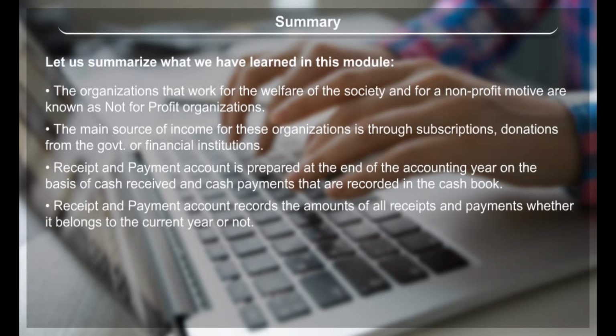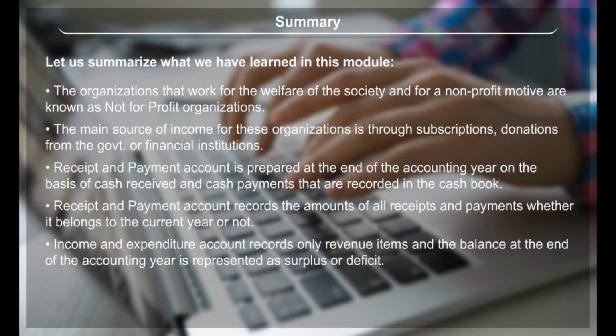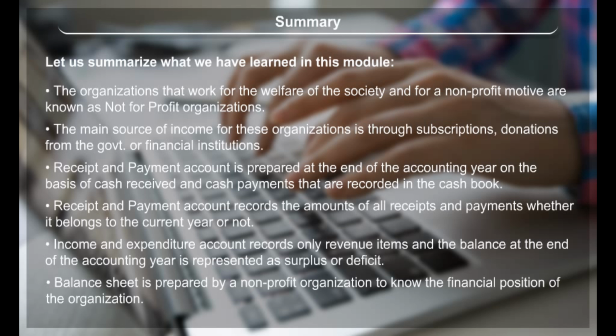The receipt and payment account records the amounts of all receipts and payments, whether they belong to the current year or not. The income and expenditure account records only revenue items, and the balance at the end of the accounting year is represented as surplus or deficit. The balance sheet is prepared by a non-profit organization to know the financial position of the organization.